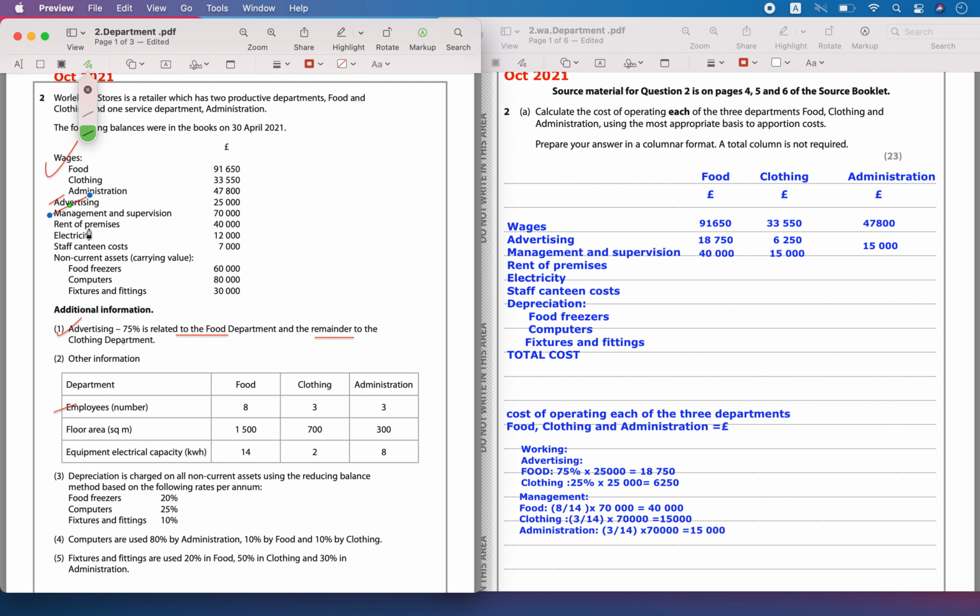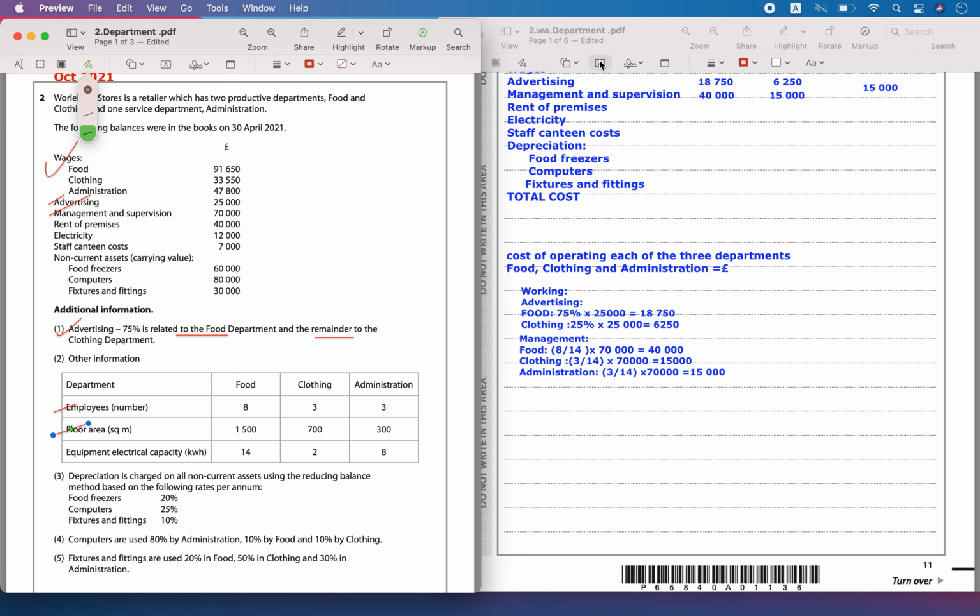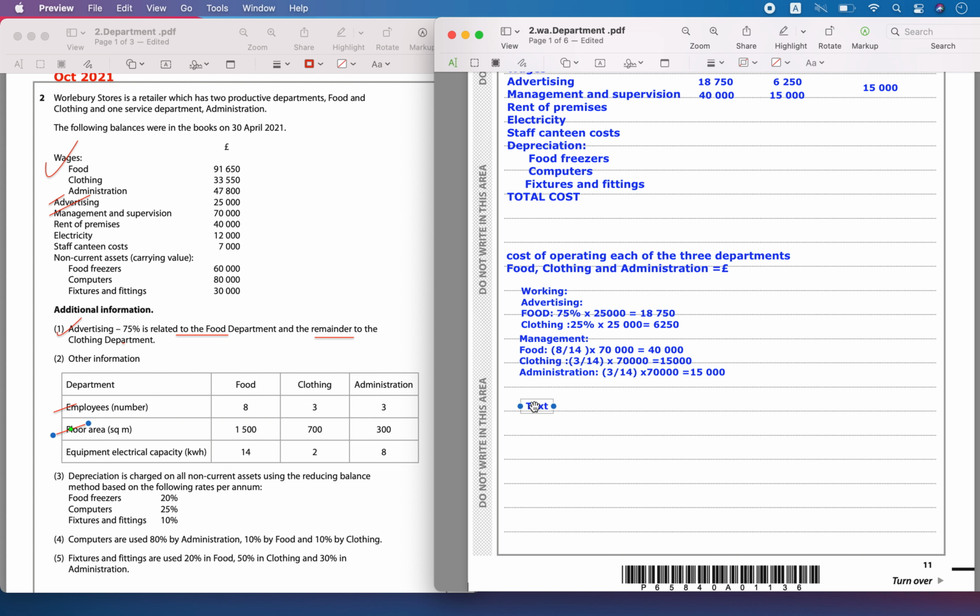And then you have the rent and premises, which is apportioned based on the floor area. The total amount for the premises that needs to be apportioned is 40,000, and the total area is 1,500 plus 700 plus 300, which is 2,500.